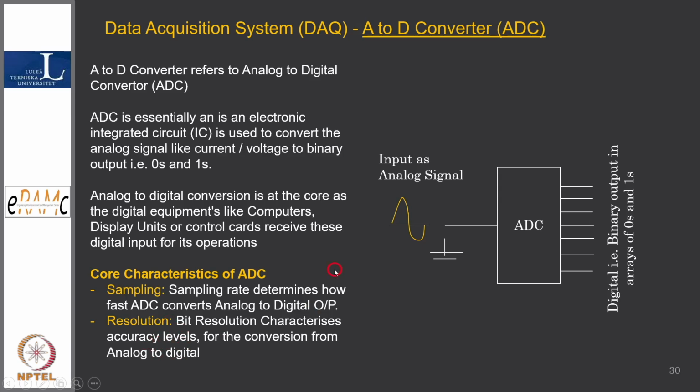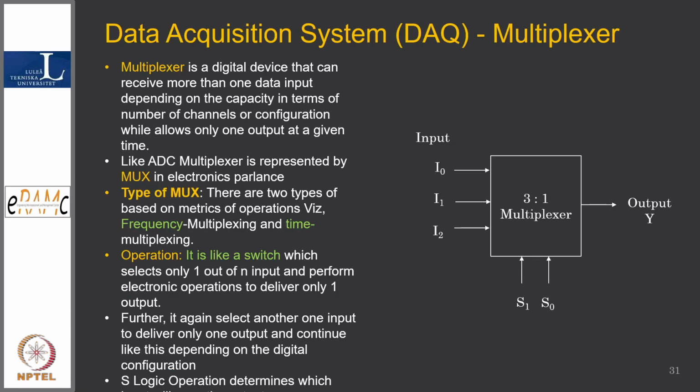The value represented in binary should represent the actual value. 5 volt should represent 5 volt only, not 5.2 volt or 5.1 volt. So this is resolution, how closely our values are related.